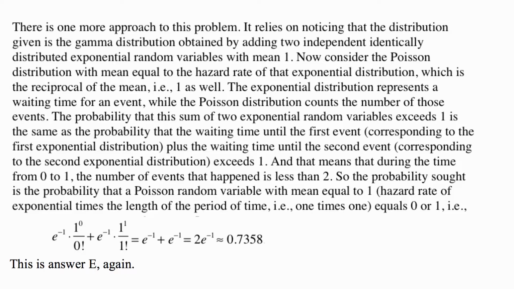And what is that? Well, it's e to the minus 1 times 1 to the 0 over 0 factorial plus e to the minus 1 times 1 to the first over 1 factorial. So it's e to the minus 1 plus e to the minus 1, which is 2 times e to the minus 1, approximately 0.7358.